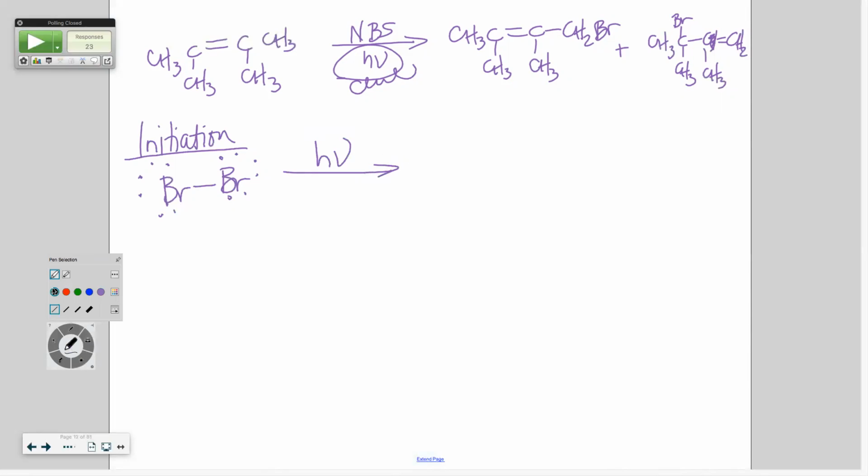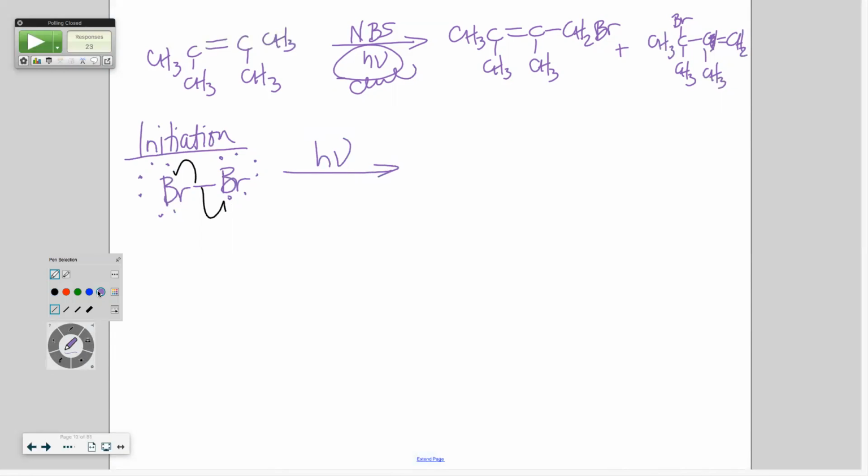One goes there, one goes there. Remember that when you do free radical mechanisms, you always use half arrows because it's always single electron transfers, and 2 electrons make a bond. Don't forget that.